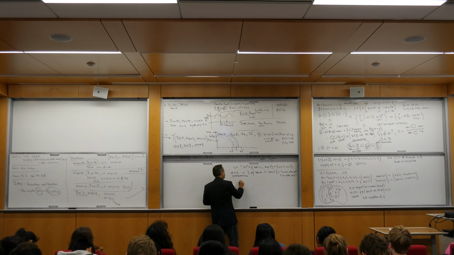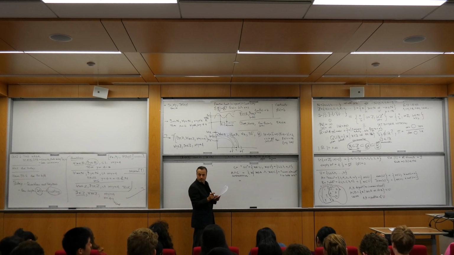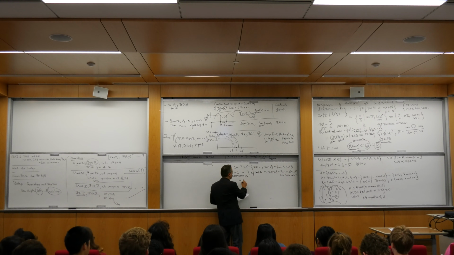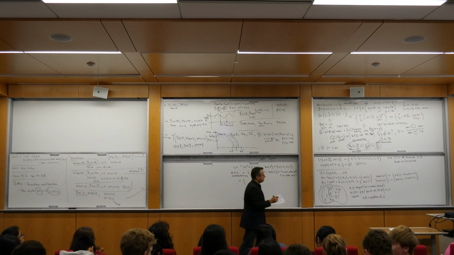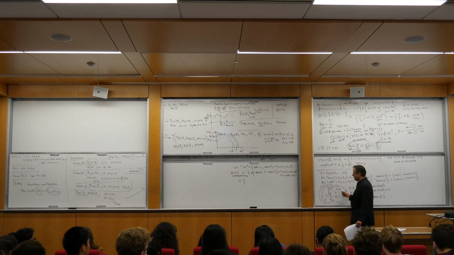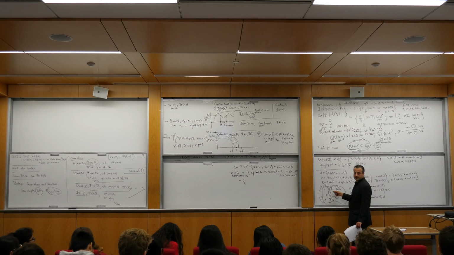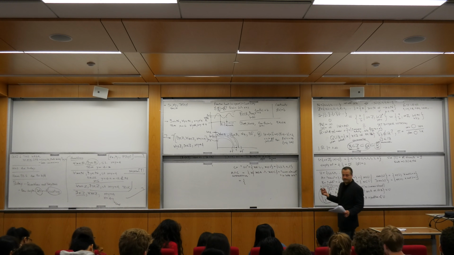So which one is that? 2 and 4. What elements are in both sets, meaning in A and C? A is the evens, C is the ones smaller or equal to 5. So what? 2 and 4.